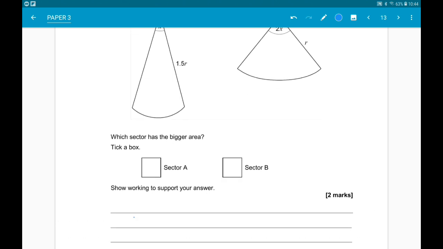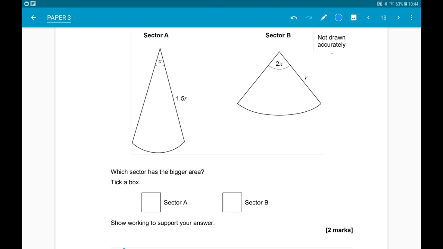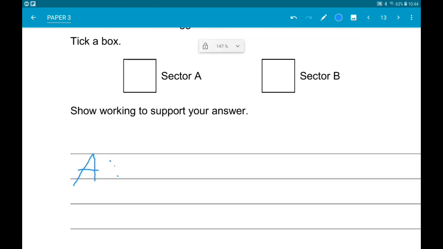So for sector A, we have an angle of x and the radius of 1.5 r. So the area of the sector is the fraction of the circle. So here that's x out of 360 times pi times the radius 1.5 r all squared.